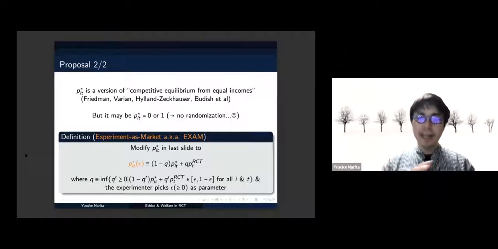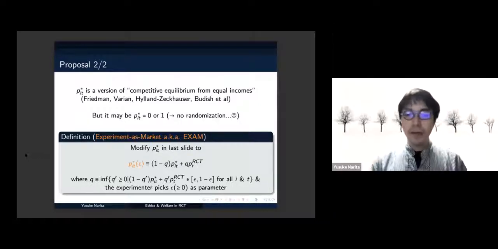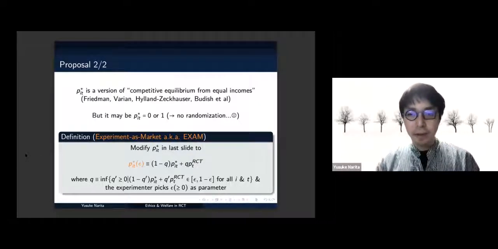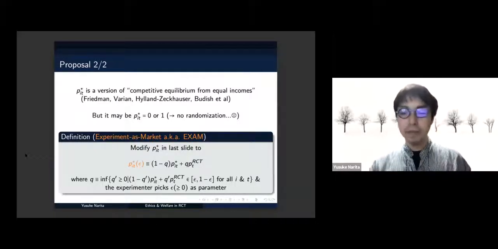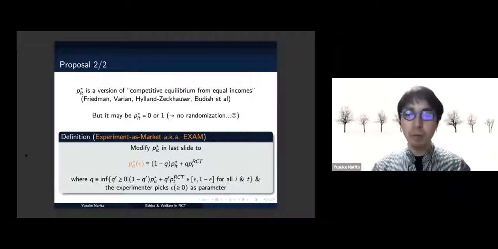That is, starting from the P star on the last slide, let's modify it to what I denote by P star of epsilon, this orange object. This P star of epsilon is just a mixture of the original P star and the RCT assignment probability, such that the resulting mix is always bounded between epsilon and 1 minus epsilon for every subject i and for every treatment t.